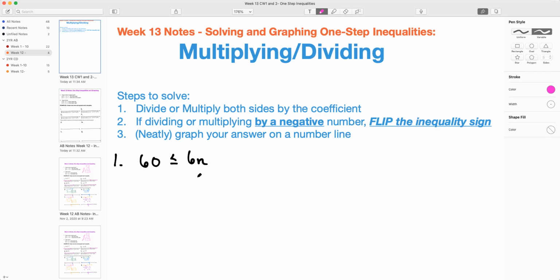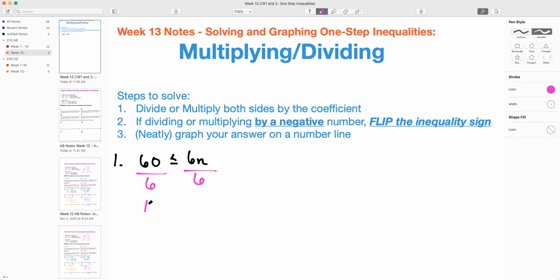In fact, it is pretty much the same. So treat this as an equal sign. There are some situations where you're going to have to flip this sign, but I'll show you that in just a moment. So we'll treat this just like an equation and solve it. We'll divide both sides by 6, isolating this variable right here.